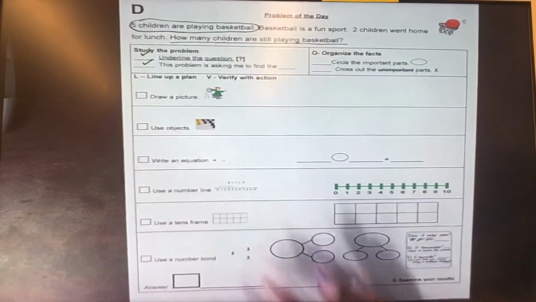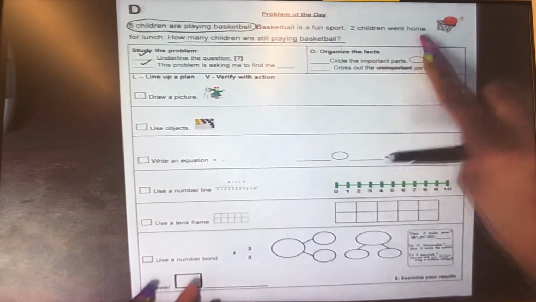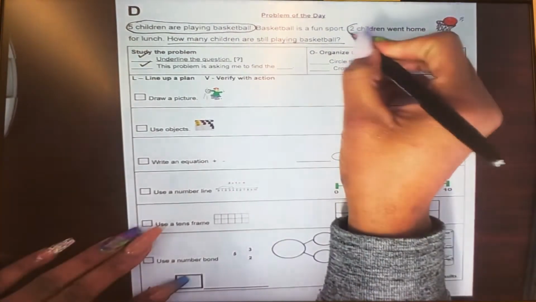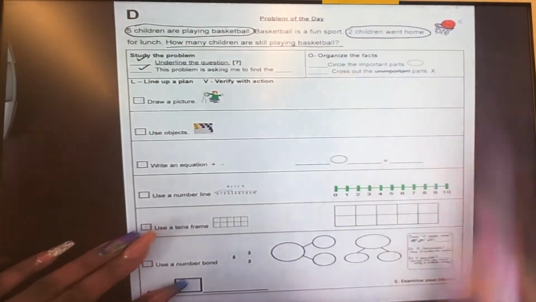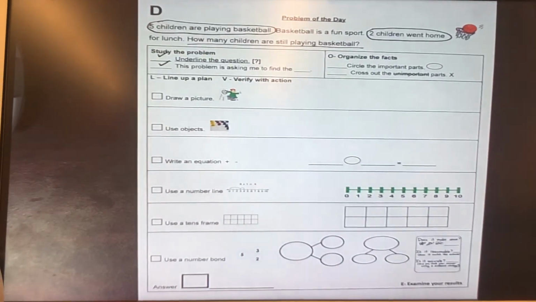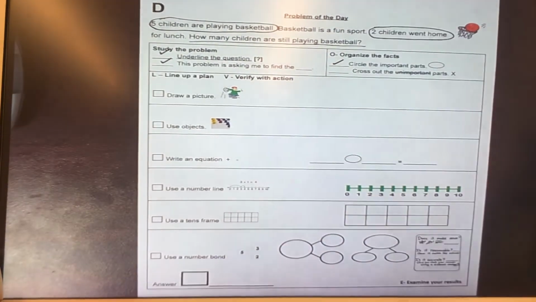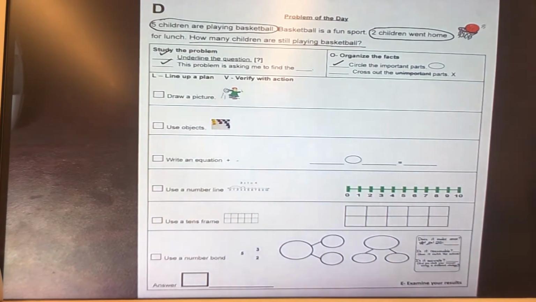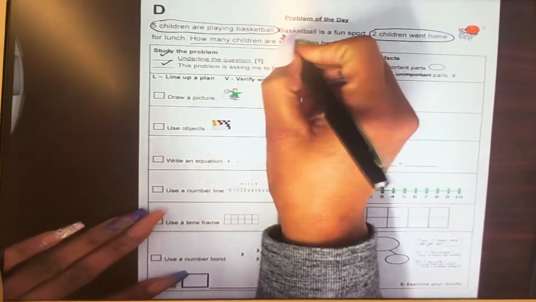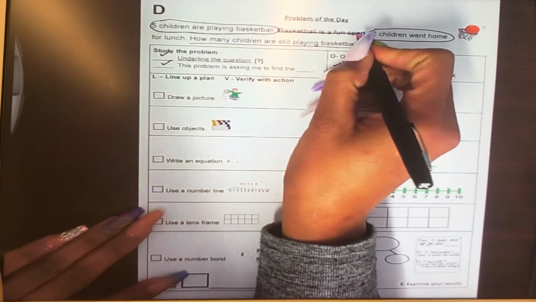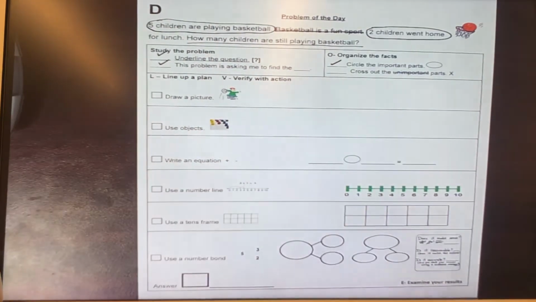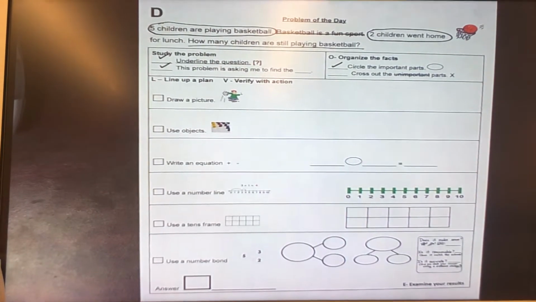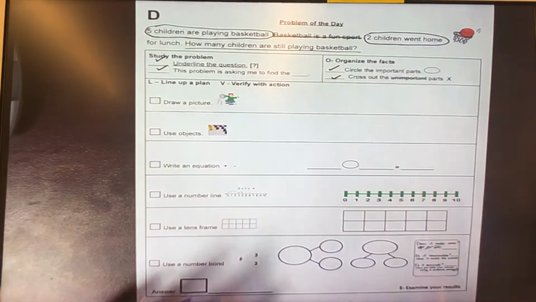Something else that's very important is that 2 children went home for lunch. Then we cross out the unimportant parts. Wow, we don't really need to know the basketball is fun. It's a fun sport, right? And there we go. And check.